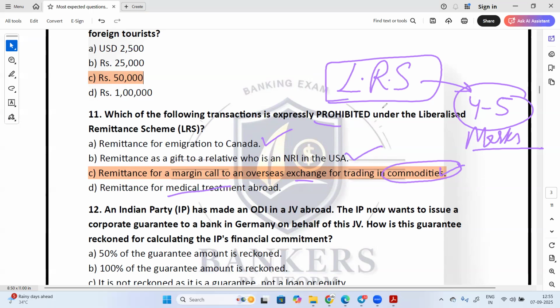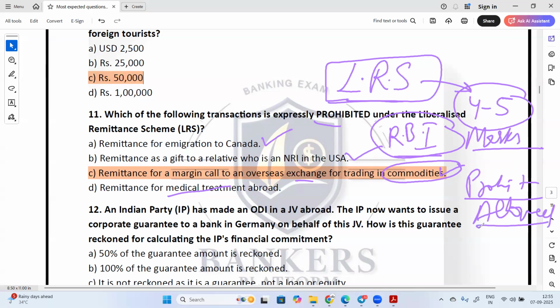We made the video on LRS directly from the RBI circular. Using that circular only, we have created the video. All the points are covered in it: which are the prohibited transactions, which are the allowed transactions, and under which section it is allowed.